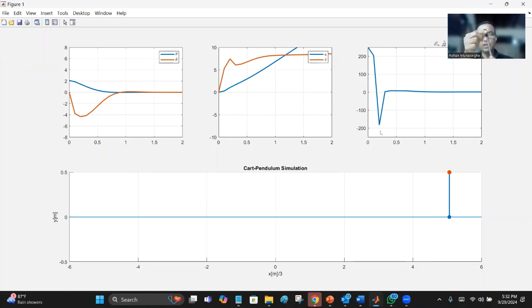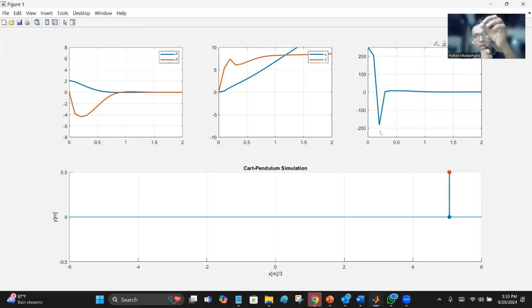So what it does is it moves the cart to the right very quickly, like a very jerky motion. Then the pole comes to the top with very high speed. Now you want to reduce the speed and stabilize. So that's how it does it. It doesn't let the speed take over.